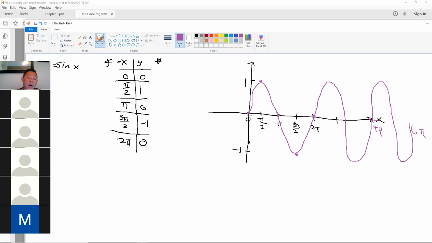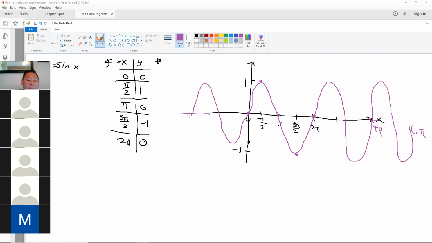If you're going to do the negative side, don't forget the negative side, you do it opposite. So don't draw me a hill and a valley like this. This is wrong. If you want to draw the negative side, you have to draw the opposite, meaning the valley and then the hill.